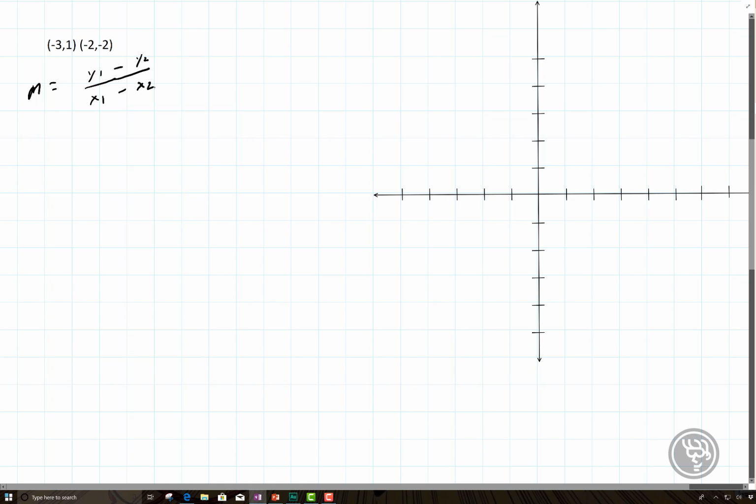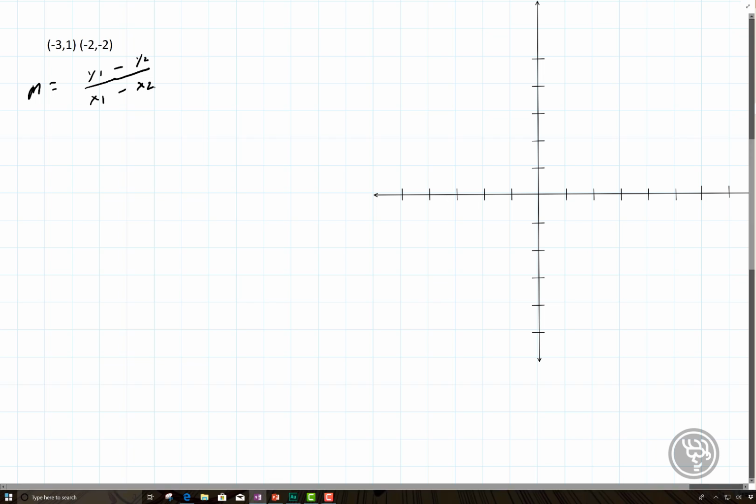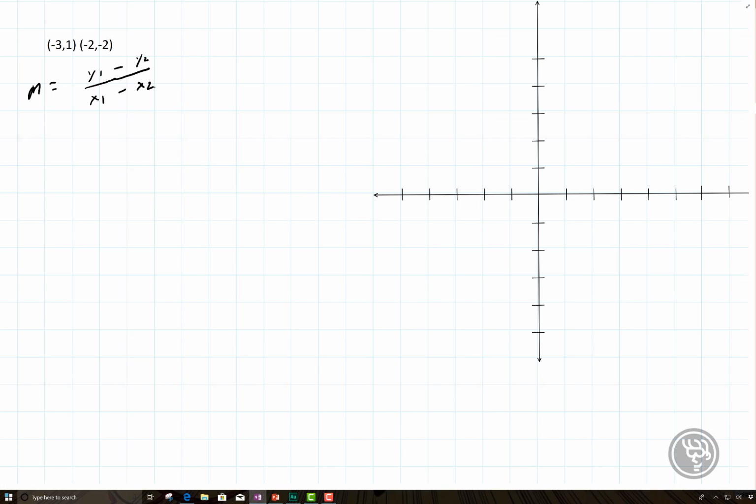Another question that I sometimes get is, how do you know which one is y1 and which one is y2? It doesn't matter. You can pick one point for your y1s and your other point for your y2s, and you can do them the other way, and you should get the same thing.